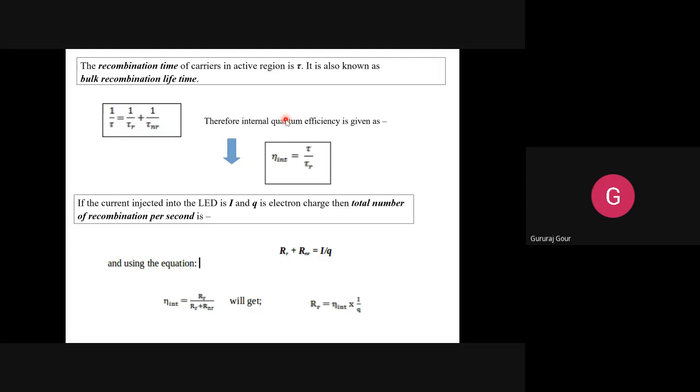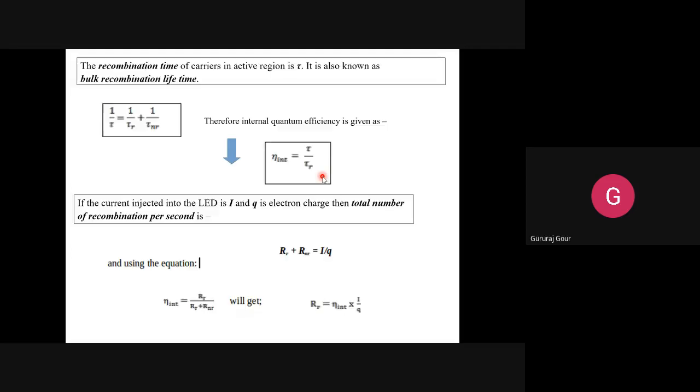So the recombination efficiency depends on this density, and we need to take the average lifetime of all these carriers, and that can be represented like this: 1 by tau equals 1 by tau R plus 1 by tau NR, a parallel combination of these two, like resistors. Therefore, the internal quantum efficiency can now be expressed like this, because in the previous slide we saw it as 1 by 1 plus tau R by tau NR.